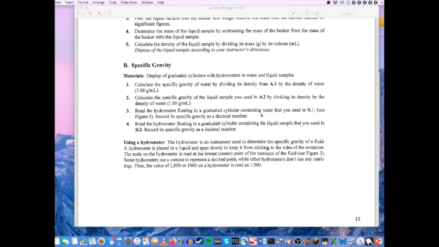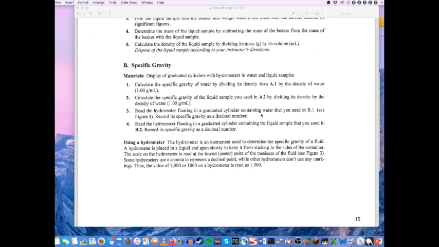Now I'm going to show you a real-world application of a hydrometer. I mentioned at the beginning, I couldn't find a real hydrometer, I guess you would say, because I'm dealing with limited resources in a quarantine right now.